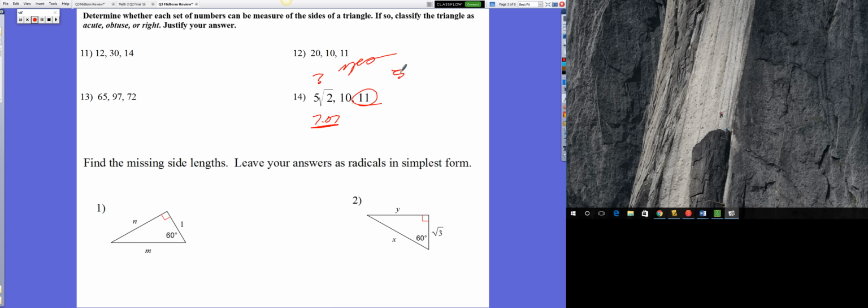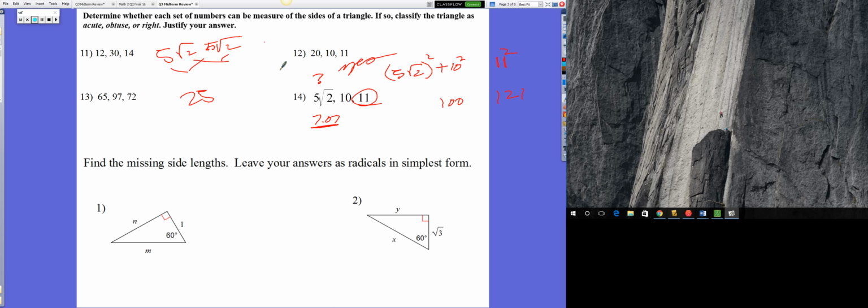So it's going to be 5 square roots of 2 squared, add a 10 squared, and let's see how that ranks up to 11 squared. Okay, 11 squared is 121. 10 squared is 100. 5 square roots of 2 squared is 5 square roots of 2 times 5 square roots of 2. So the 5's times together, and that's 25.